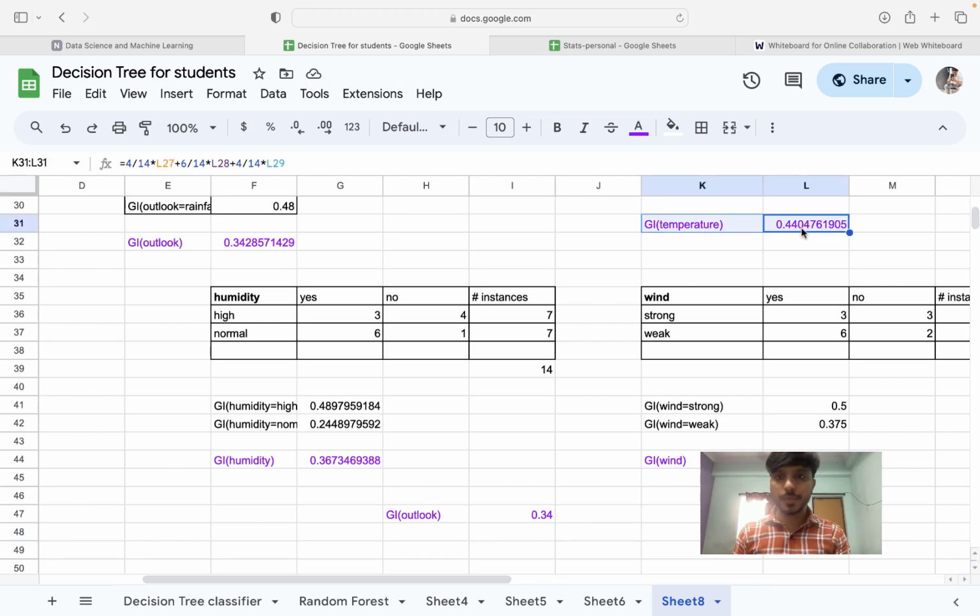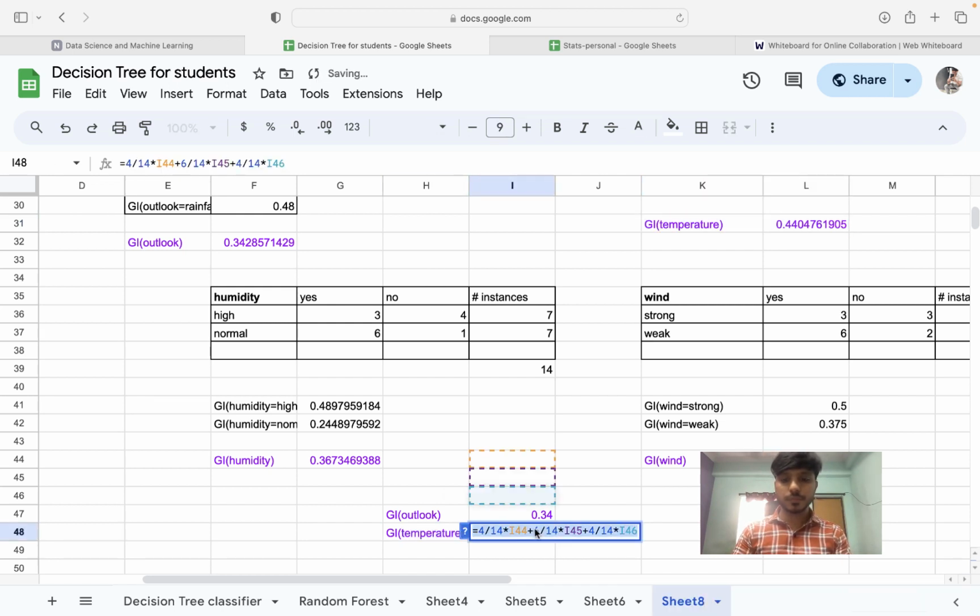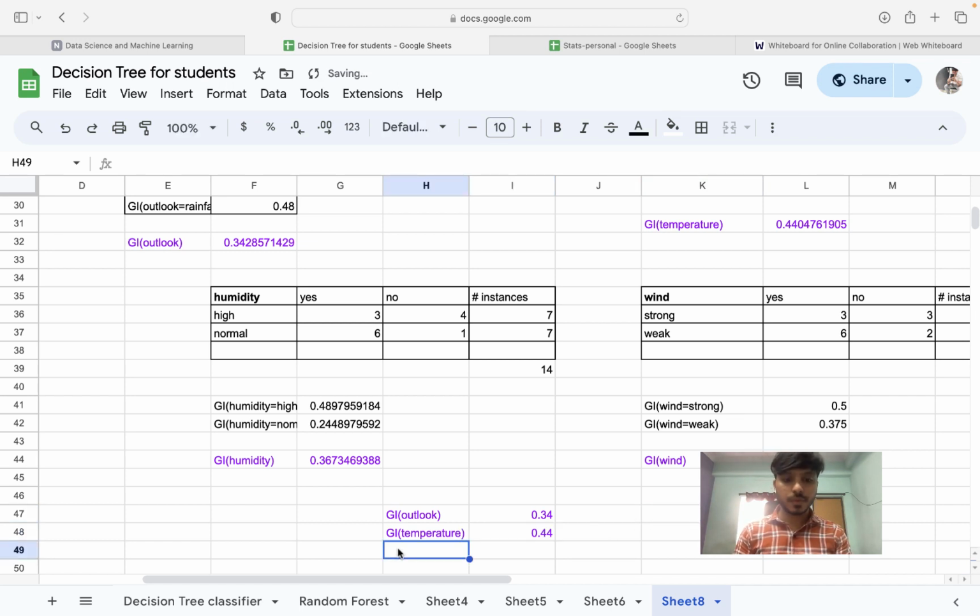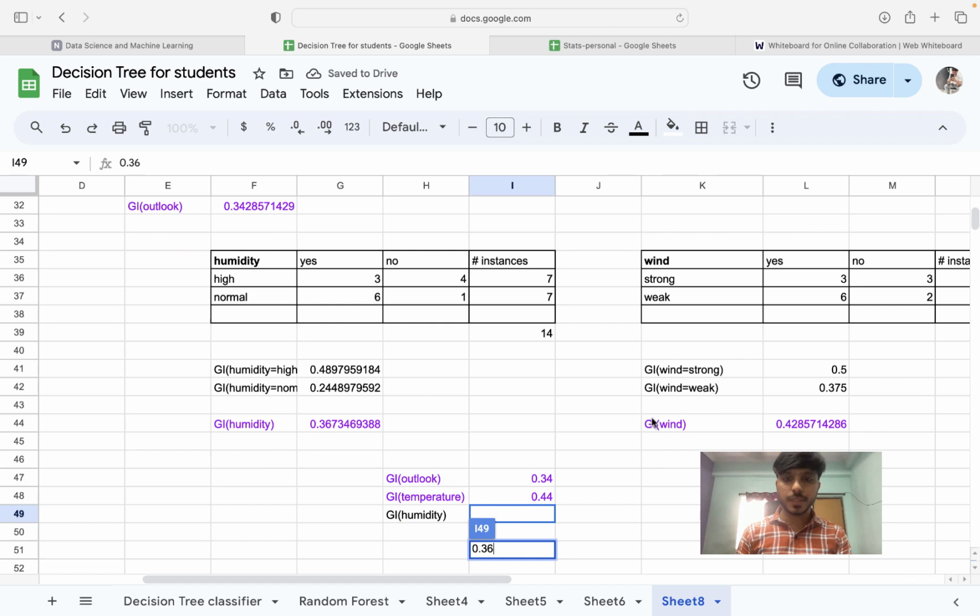Then I'll copy this 0.44. Then Gini impurity of humidity, I'll get 0.36 from here, and Gini impurity of wind, okay, so 0.42.